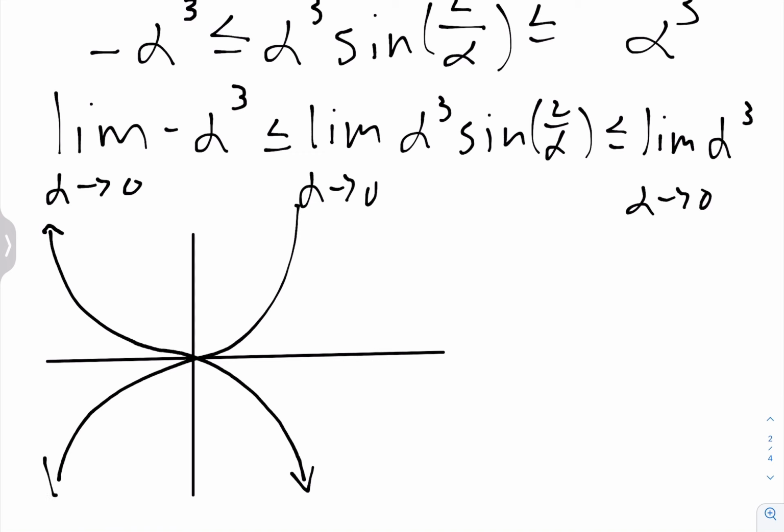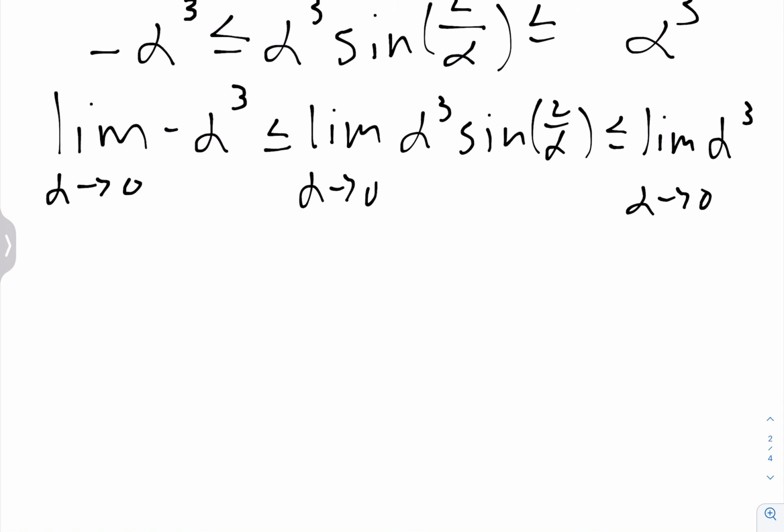It's going to be the opposite. So the limit of both of these as alpha approaches 0, we could figure that out just by substituting in 0 for alpha, or just looking at the graph. As we get closer and closer to this point at the origin, the y value is going to approach 0 as well. So we can just sub in 0 where we see these two limits.